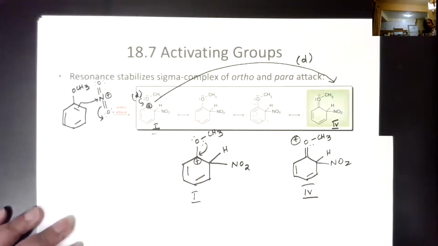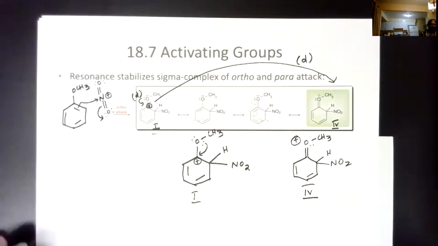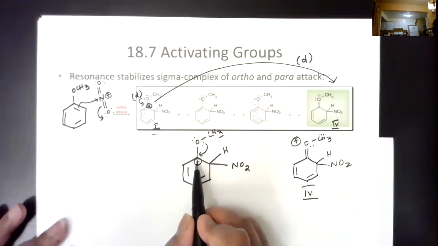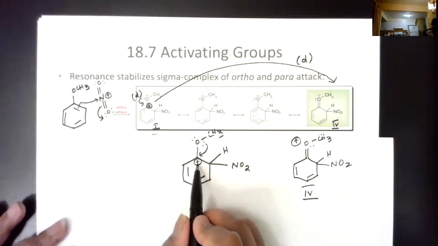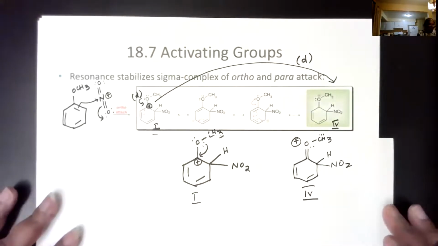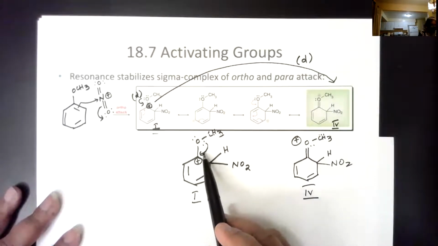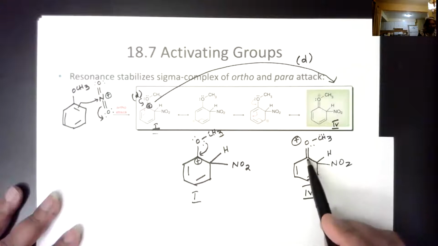So what does the oxygen do? The oxygen now has a lone pair, and the positive charge on the carbon is adjacent to the oxygen with 2 lone pairs. So then the lone pair moves over, and you have a double bond here.